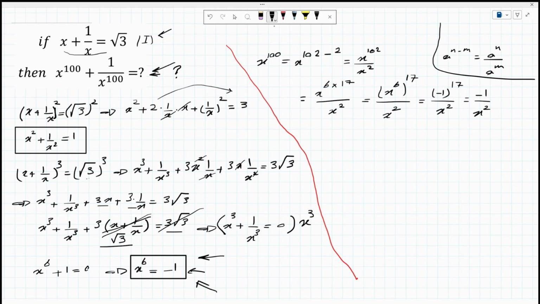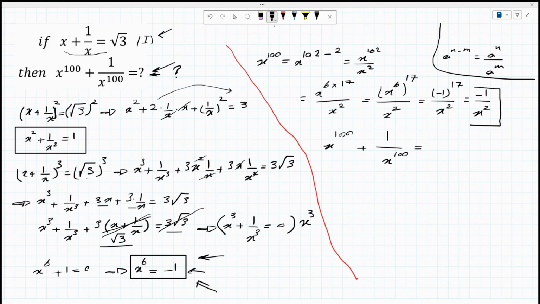Okay, so back into the main question. We want to find x to the power of 100 plus 1 over x to the power of 100. What is the value? But we know that x to the power of 100 is equal to minus 1 over x2.